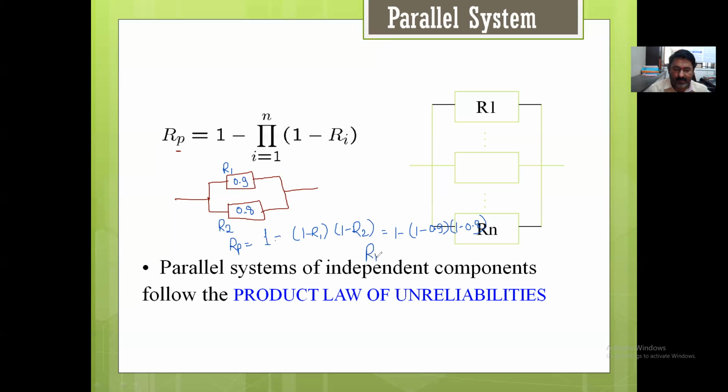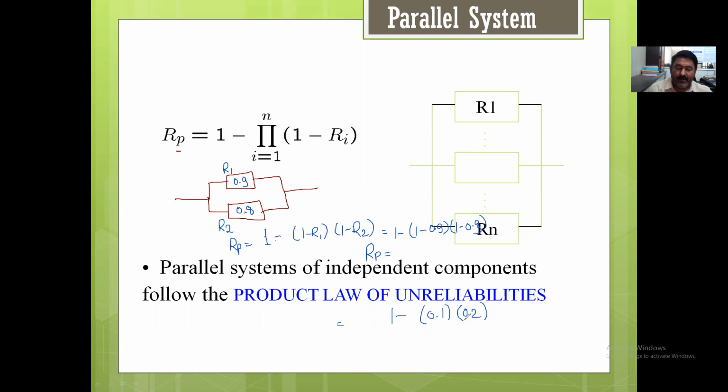What is the answer for this? Okay, if you want, again I will go in detail. 1 minus 0.9 is 0.1, and 1 minus 0.8 is 0.2.